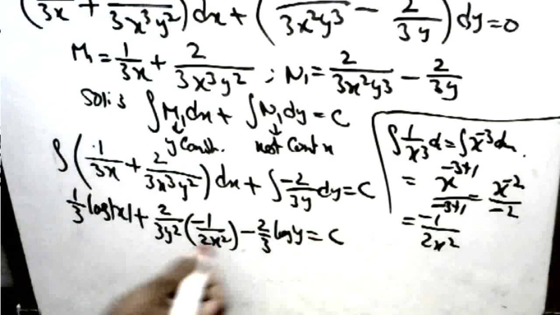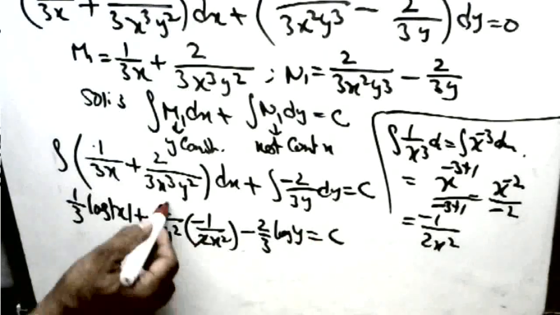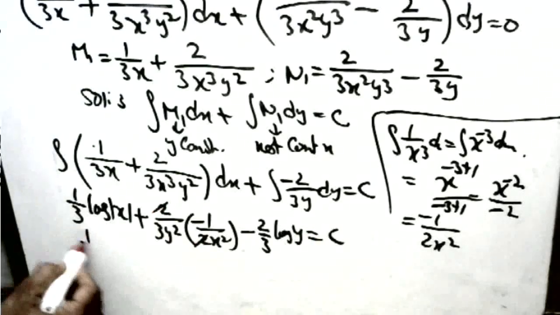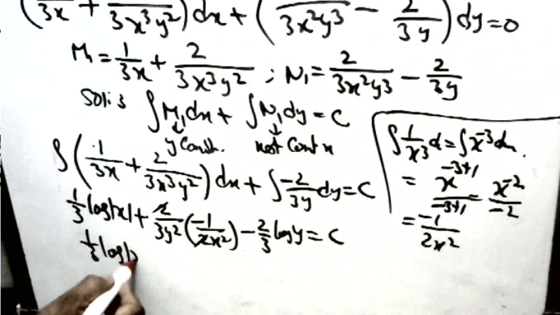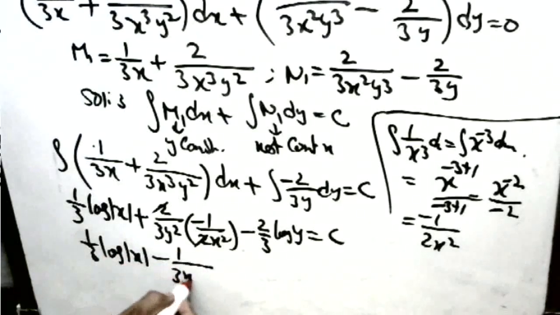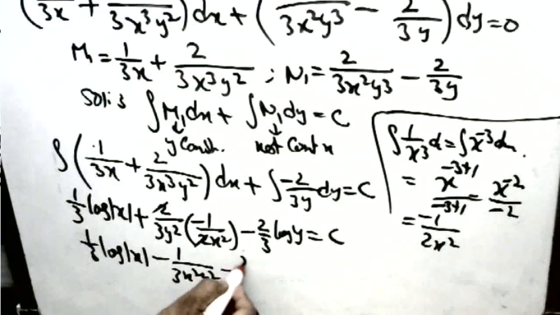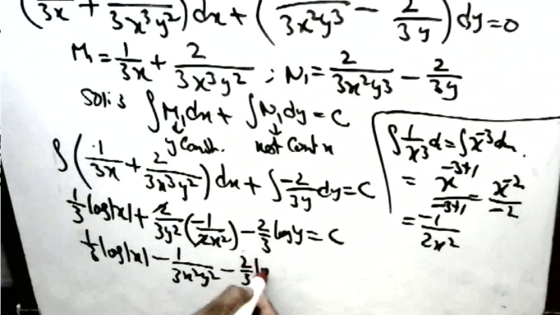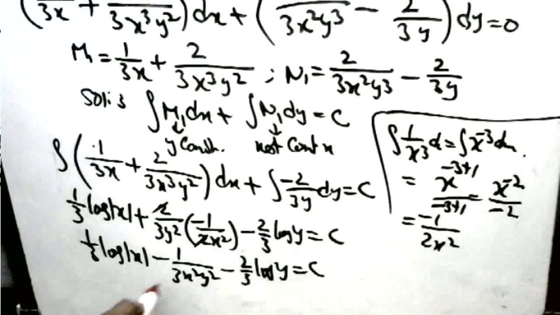Integration of 1 by y is log y, equals c. Now the last step: this 2 will get cancelled. What is left is 1 by 3 log x minus 1 by 3x square y square minus 2 by 3 log y equals c. So we have completed the question.